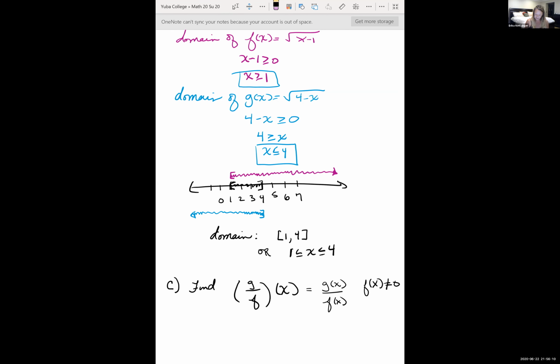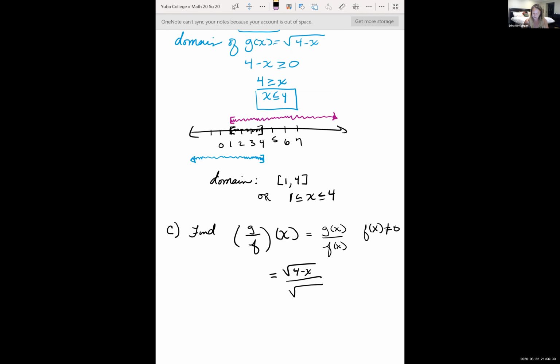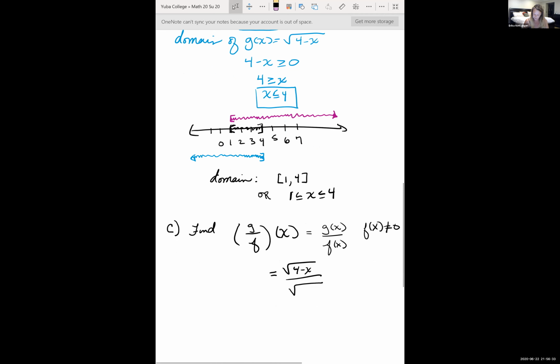Okay, so our equation, g of x on top. So g of x, which is the square root of 4 minus x, all over f of x, which is the square root of x minus 1.